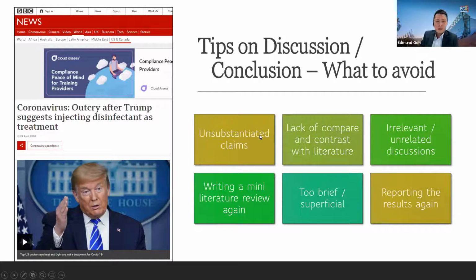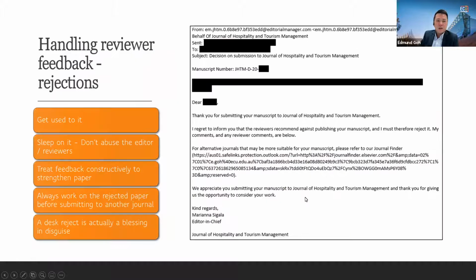Okay, and then finally we come to, all right, let's assume that you submitted your paper, gone through the review process, and then there's a decision being made. Okay, so this is a very important stage of the journal submission process.